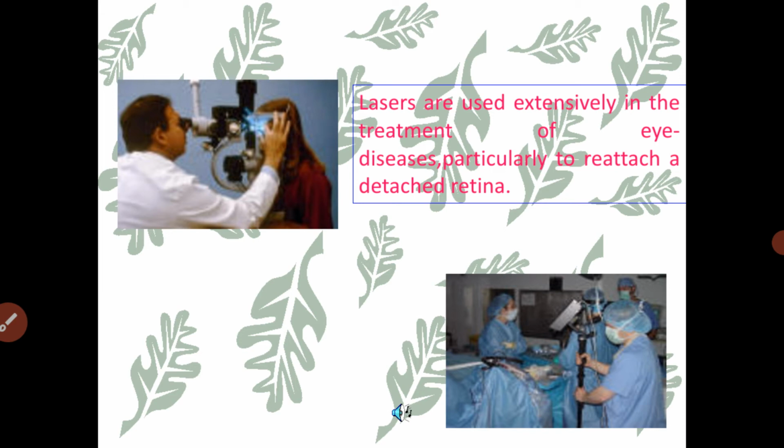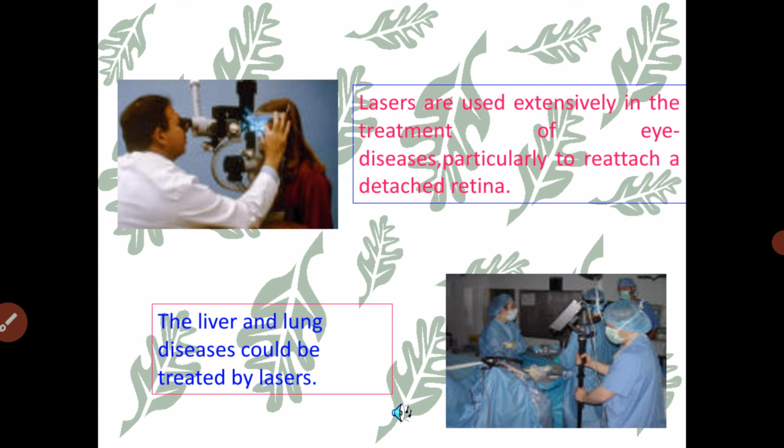Particularly, laser treatment or laser surgery is used to reattach a detached retina. This is the main purpose of laser surgery. Next, liver and lung diseases could be treated by laser light.